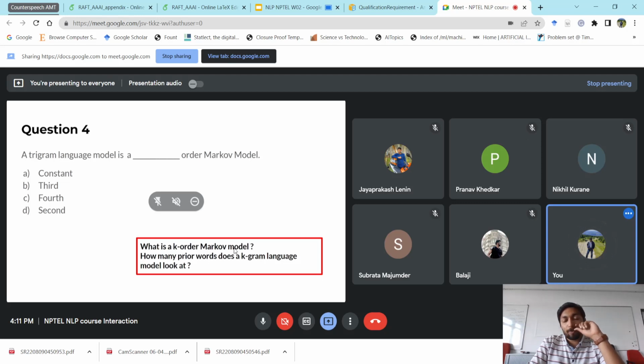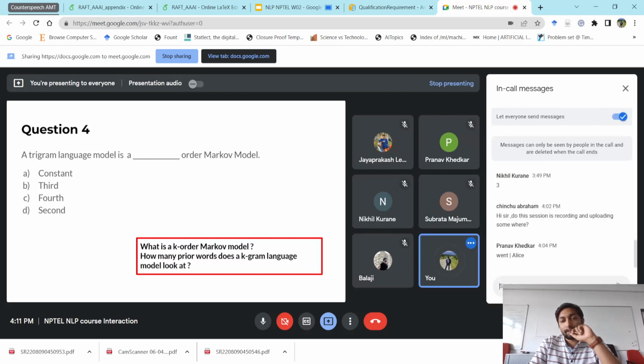So what is a Markov model first? Anyone guess?